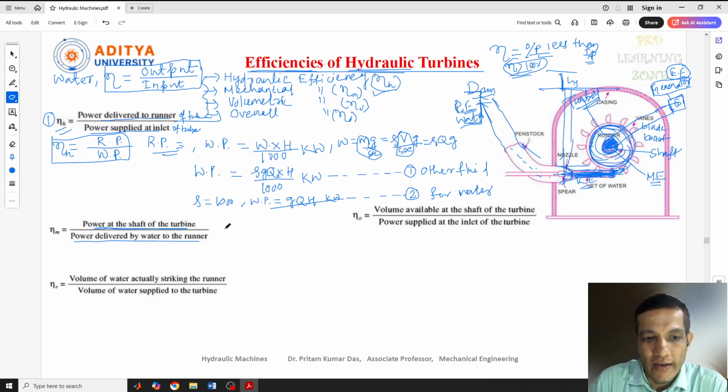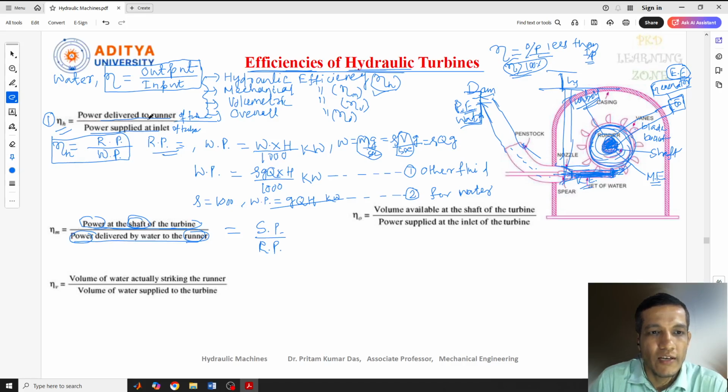This we can write simply as shaft power divided by runner power. Here in the turbine, the final is shaft, so shaft power, and this is runner power.